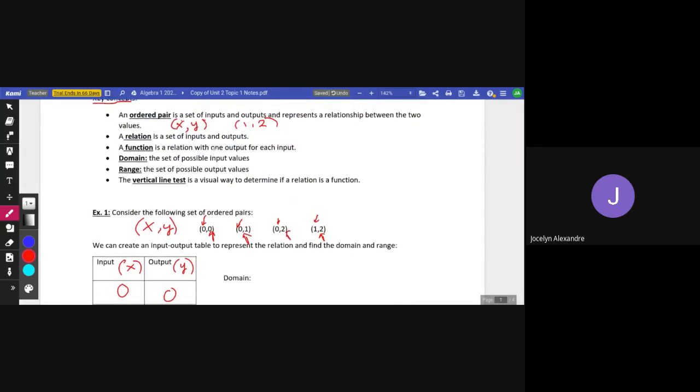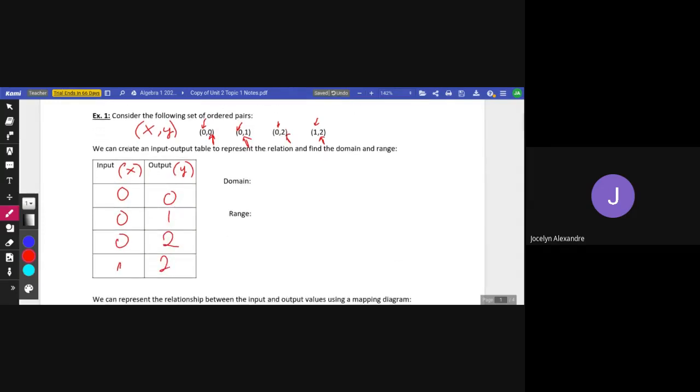Going back to our words up here, a domain is the set of possible input values. If I look at my inputs here, we have three zeros and a 1, so my possible input values are 0 and 1. To represent the set for the domain, we put curly brackets around them and list the numbers with commas.